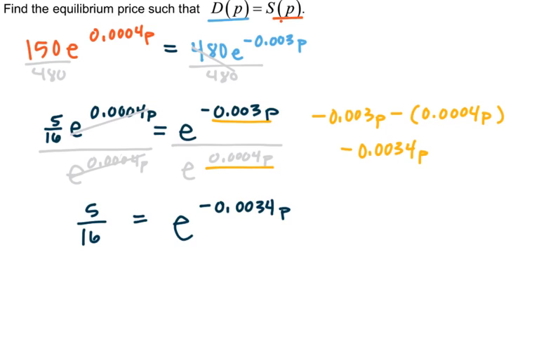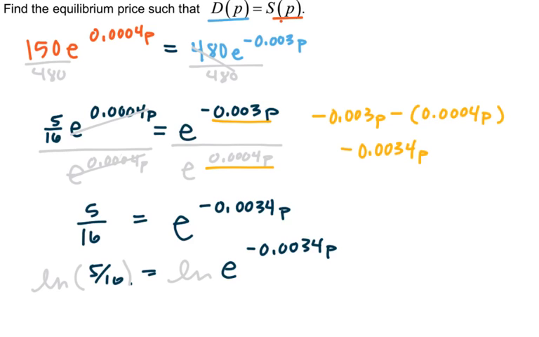At this point, to solve the equation, I can take the natural log of both sides. So I have the natural log of the constant equals the natural log of e to the negative 0.0034p.